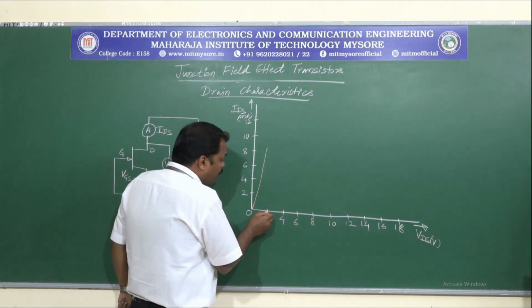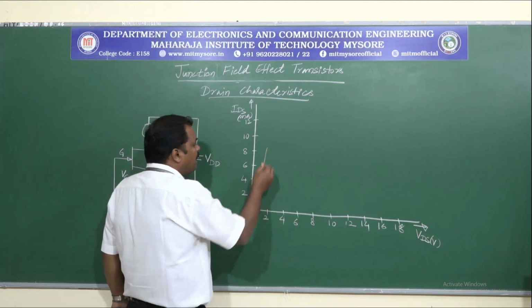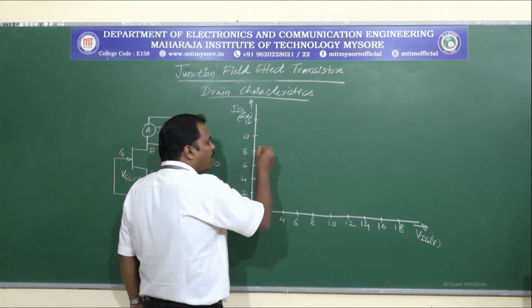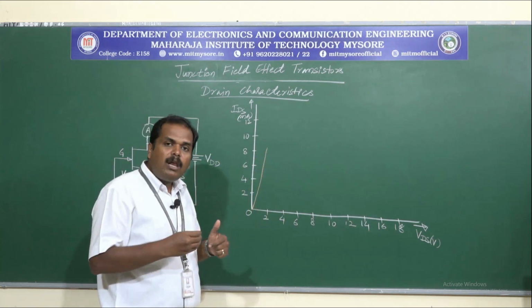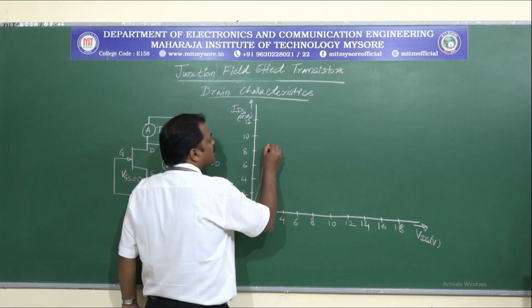Now if I move further on VDS beyond 2 volts, it will have smaller increments in IDS. So it looks like this.